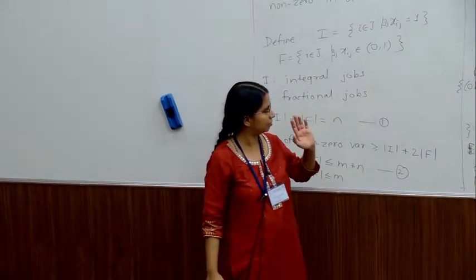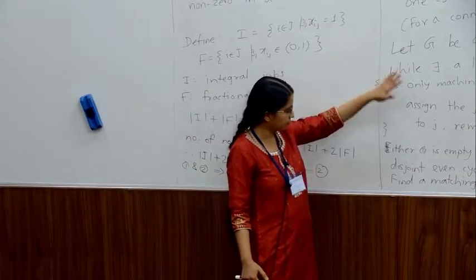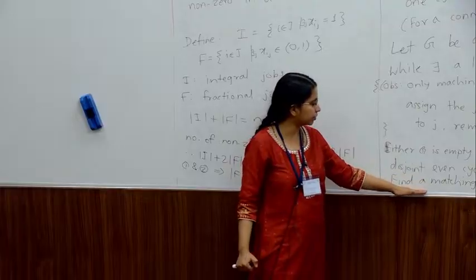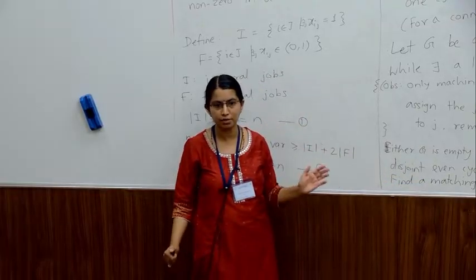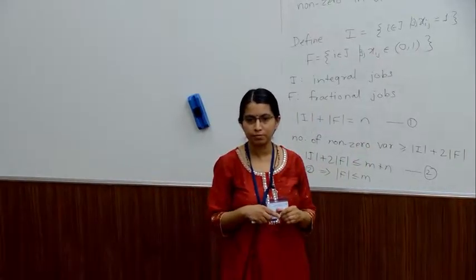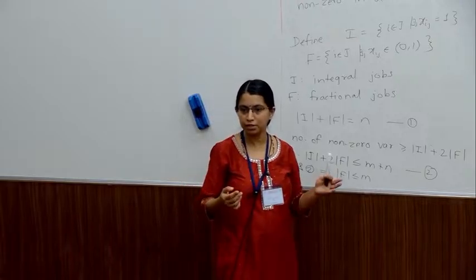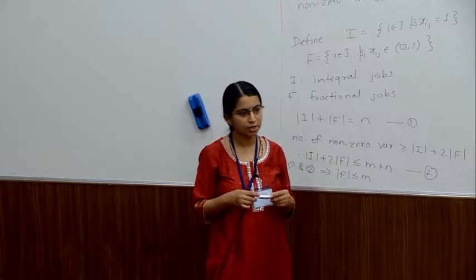So, is everybody convinced that if we have our graph as a pseudo tree, we can assign at most one fractional job to each machine and be done with a rounding procedure and a two-approximation? Any question? Any confusion? Any other concern? Yeah.